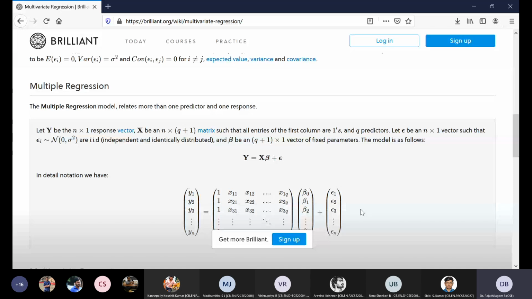Now, how will you justify beta 1, 2, 3, 4? Let us take just 4. So in the same case where we said the age of a patient is x1, and the glucose level is y1, right? Now, age of the patient alone does not determine the glucose level.